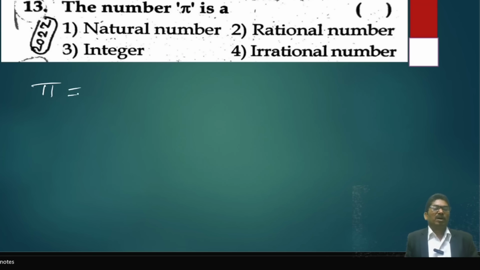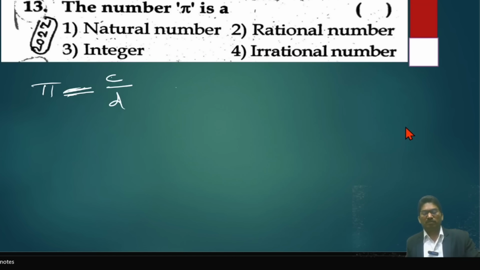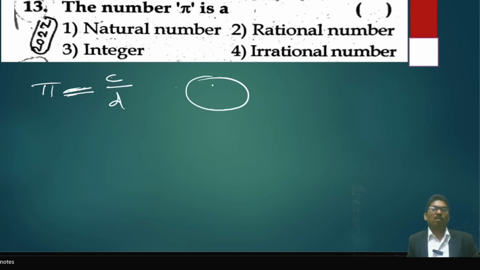It is the ratio of the circumference and diameter of a circle. This is a circle.